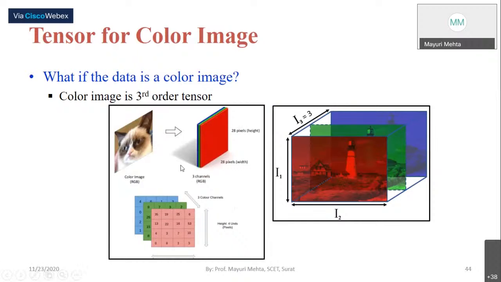So what will be the shape and rank? What would be the rank and shape of this data if I want to feed one color image to a machine learning model built using TensorFlow? What would be the shape? Yes, rank is 3. You are absolutely right, because we have 3 dimensions.